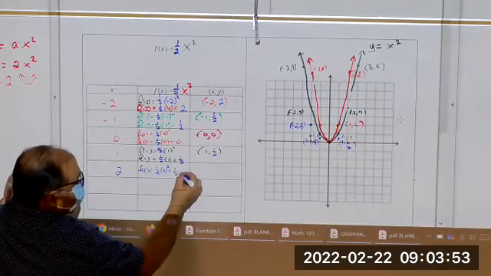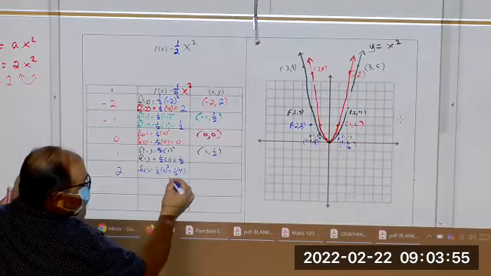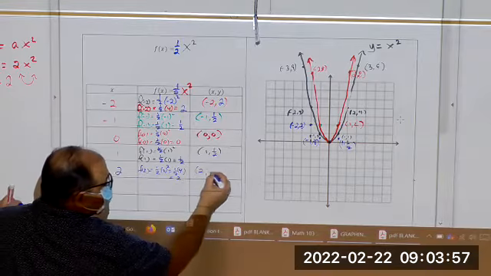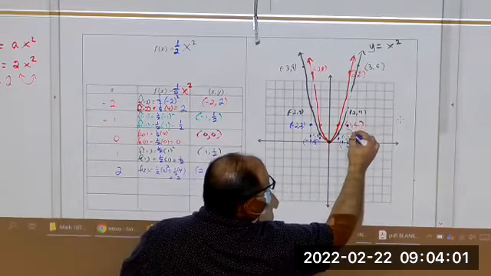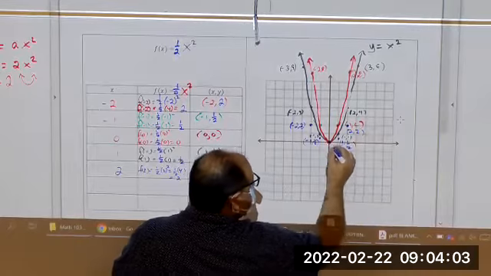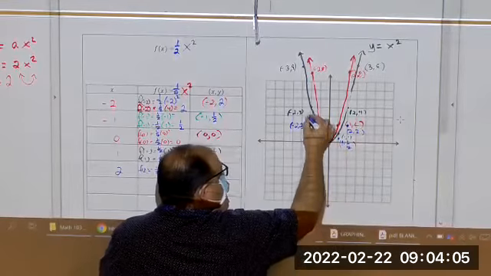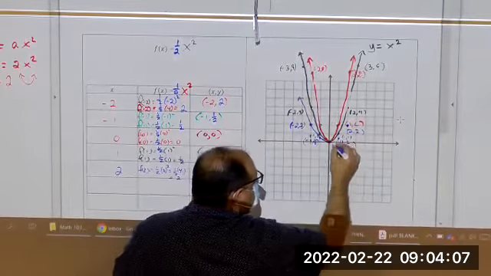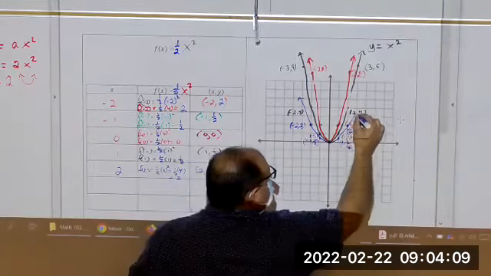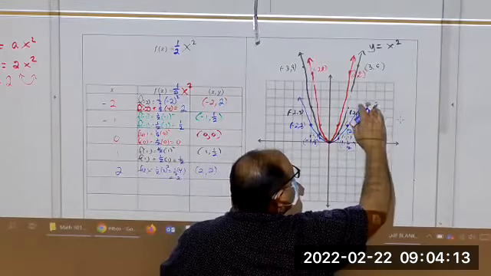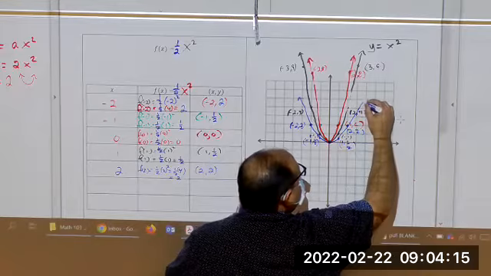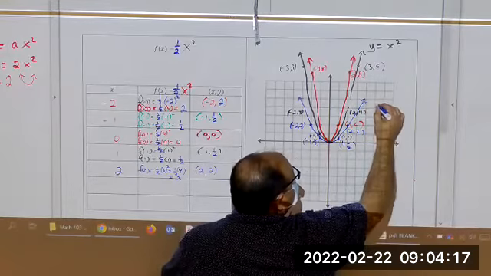That's 1/2 of 4. Half of 4 is a 2. Simple, right here. And that is more wide than the original 1 times x squared.